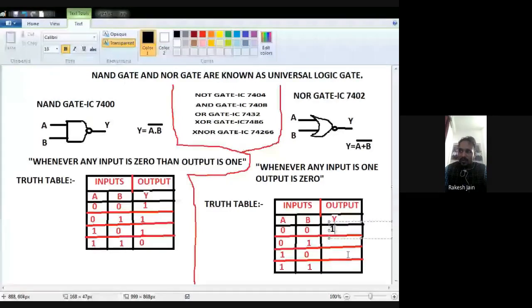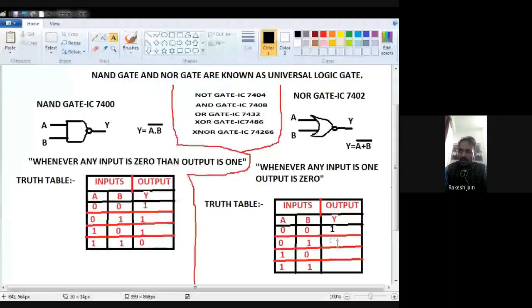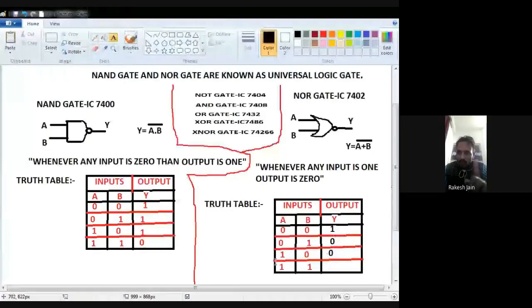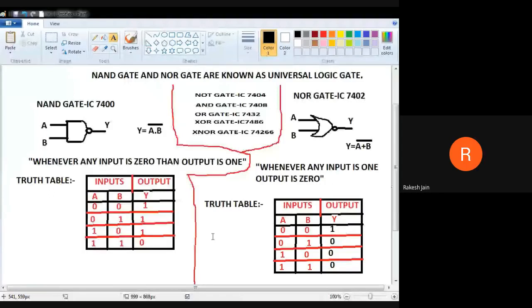So see, first both are 0 0, it means there is no 1. Whenever you see any 1, then write down 0, otherwise 1. So for 0 0, there is no 1, so I type 1 here. This is my output. Here 0 1, you find a 1, just type 0. 1 0, again you find 1, so just type 0 at the output. 1 1, again you find 1, again type 0.